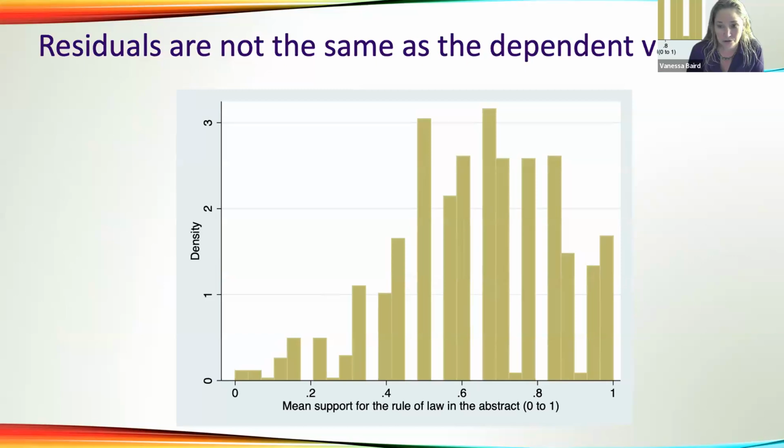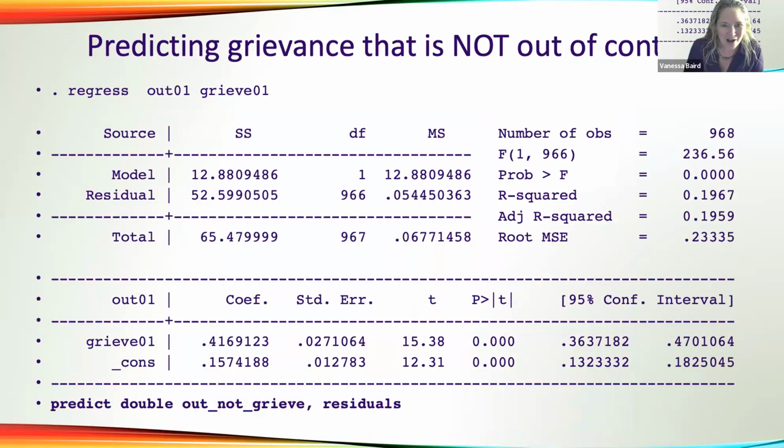Residuals are not the same thing as a dependent variable, but they're very highly correlated, probably at 85, because it's itself with a part of itself. If you lose your arm, you're still yourself. So it's kind of like that. Then I take the part of grieve out of out and I save out not grieve.